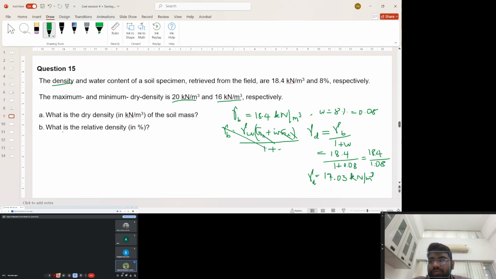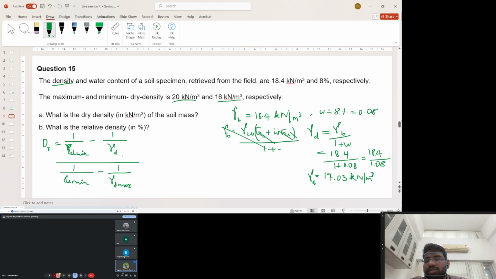The second question is, what is the relative density? The relative density in terms of dry density, how can we write? 1 by gamma_d minimum minus 1 by actual gamma_d, divided by 1 by gamma_d minimum minus 1 by gamma_d maximum.